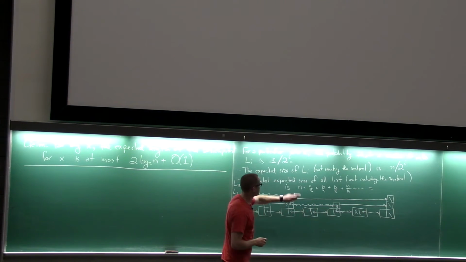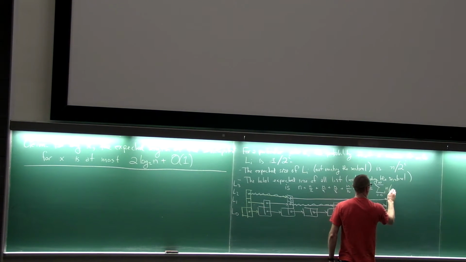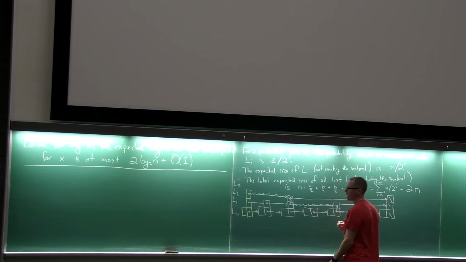This is a little bit imprecise, so really what we're saying is this infinite sum as i equals 0 to infinity of n over 2 to the i, and the value of that sum is exactly 2n.